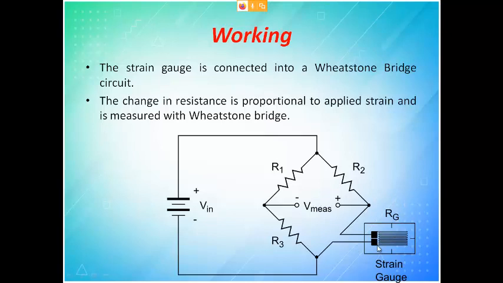So this behaves like an unknown resistance. All the other 3 resistances I know, and I know what V in I am going to give. So V measured will depend on this resistance value, and if you know this voltage, then we can say what the resistance of this unknown is. So this is how this is being used.